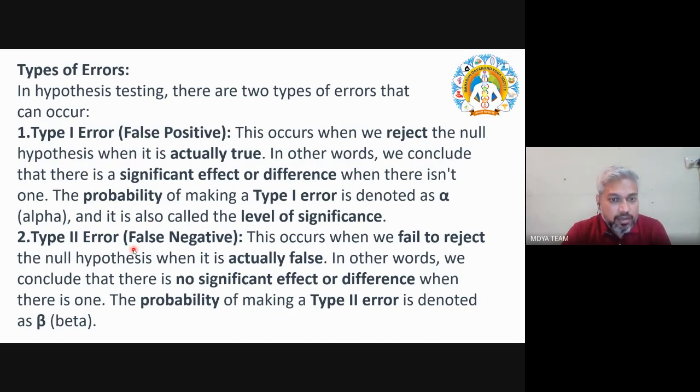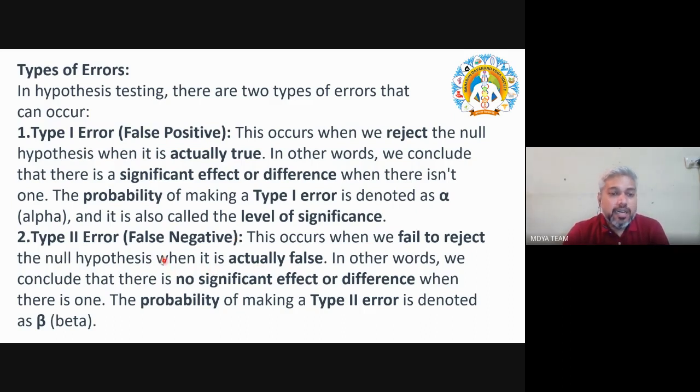Type 2 error, false negative. Type 1 error, false positive. This occurs when we fail to reject the null hypothesis when it is actually false.